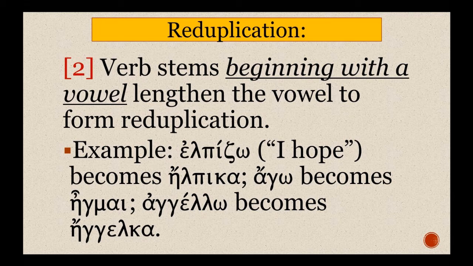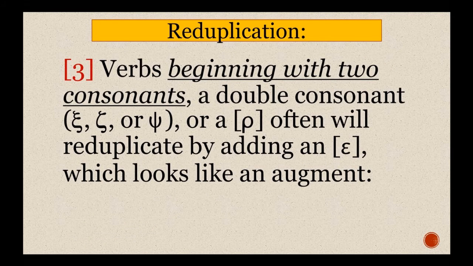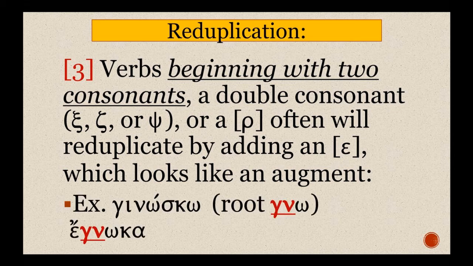So we'll start off easy. Most of the time, just start indicating the reduplication. Over time, you'll get to understand these other forms. But they also go back to their roots. Verbs beginning with two consonants, a double consonant, or a rho, often will reduplicate by adding an epsilon, which looks like an augment.